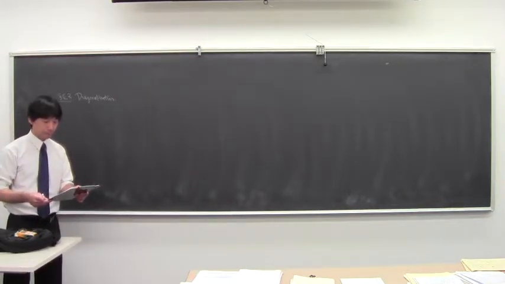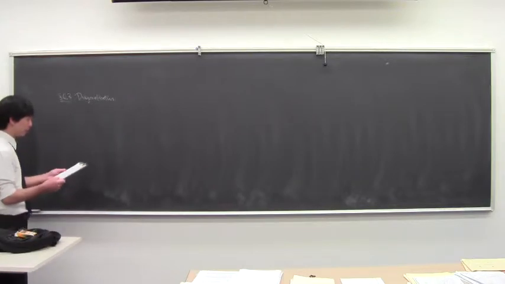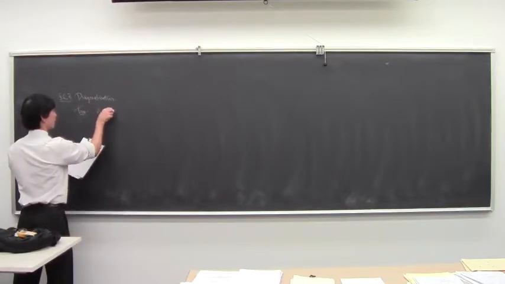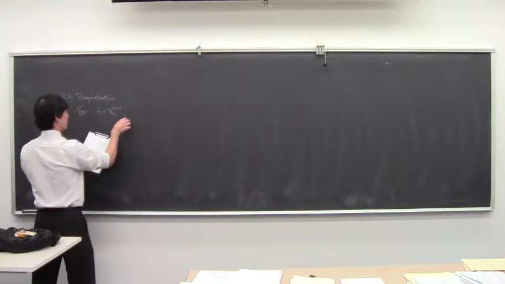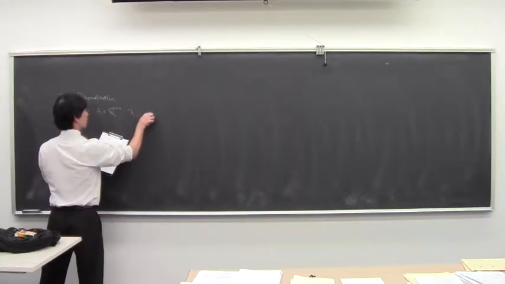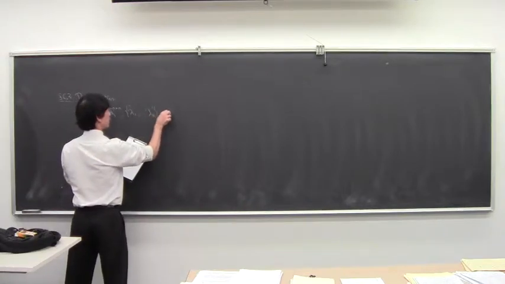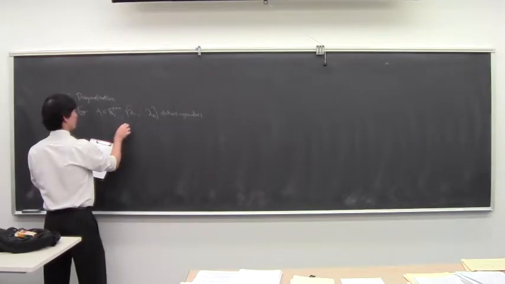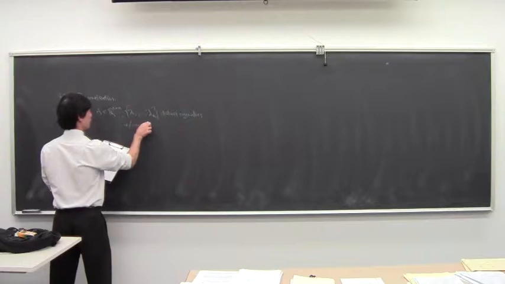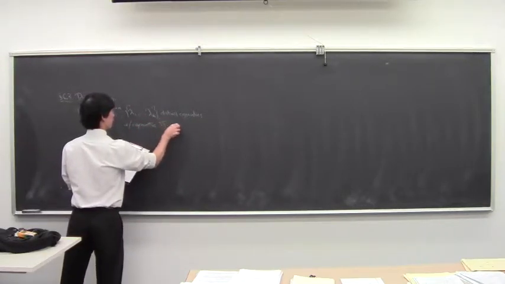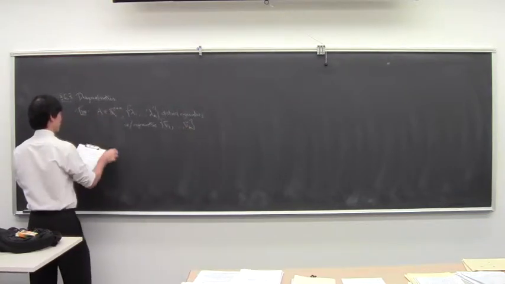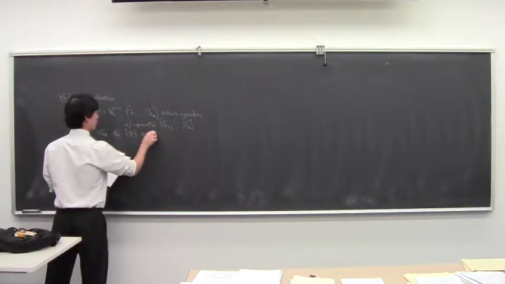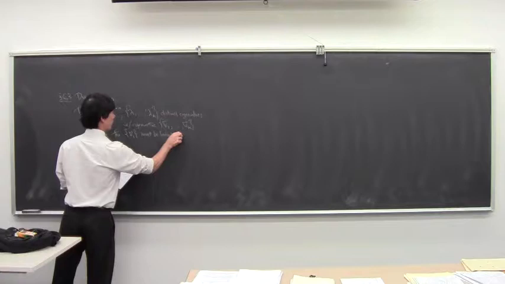Okay, so remember the thing that we did last time was show that if you have an n by n matrix with some distinct eigenvalues, with corresponding eigenvectors v1 through vk, then the vi must be linearly independent.